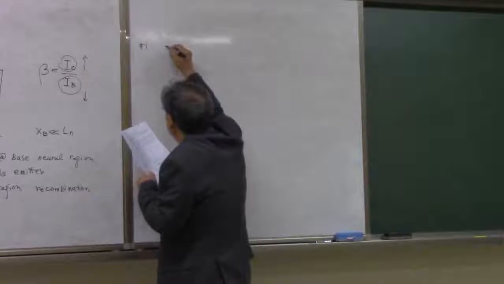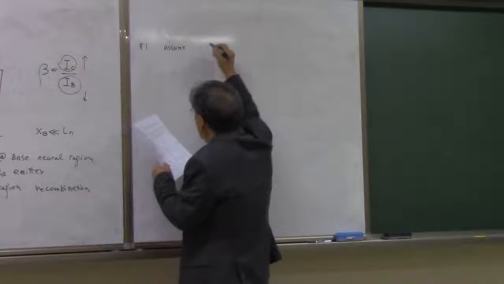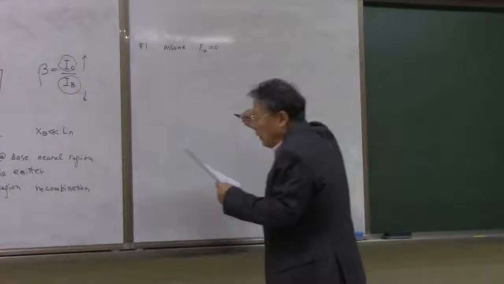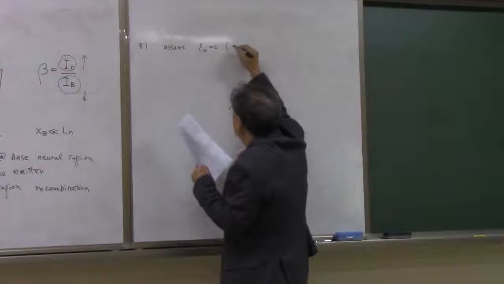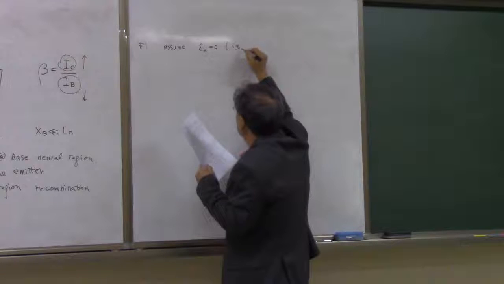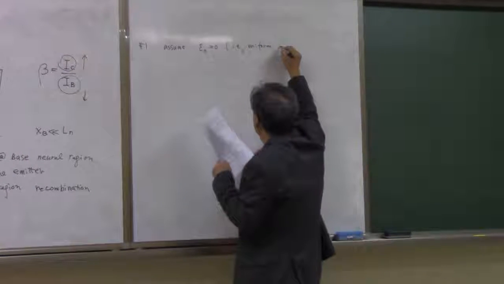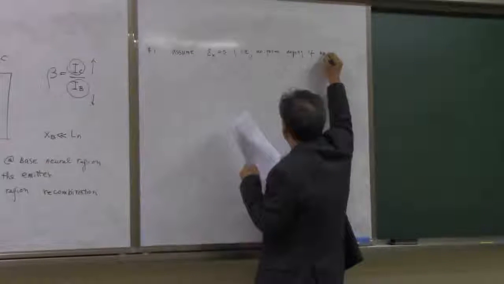We assume that the electric field in the emitter and base is 0. In other words, uniform doping of the base, okay?